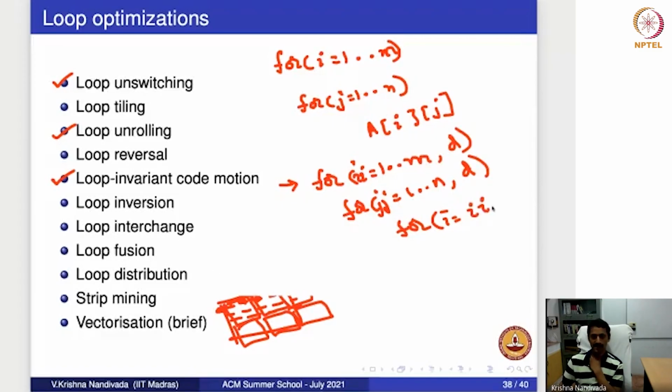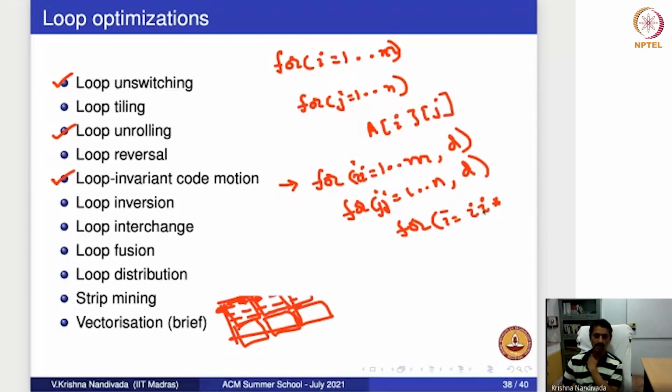So for this I am writing I equal to II. Let us write the exact expression. Zero index would have been easier here. Fine.